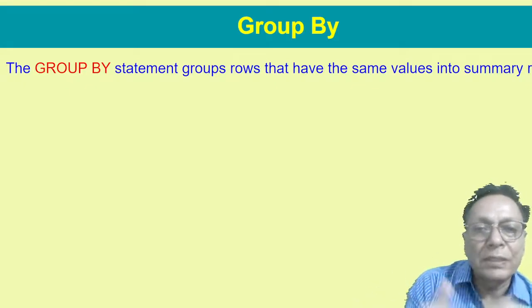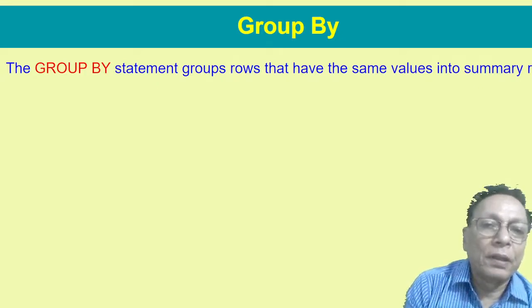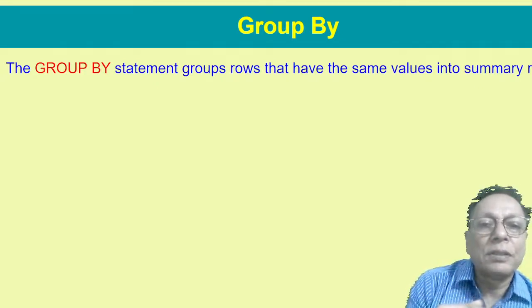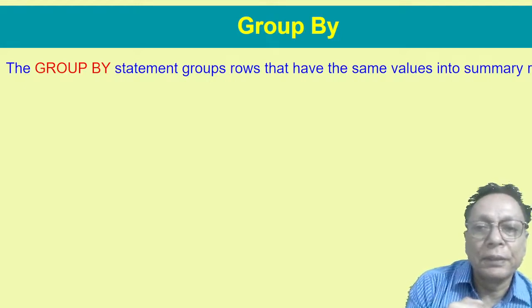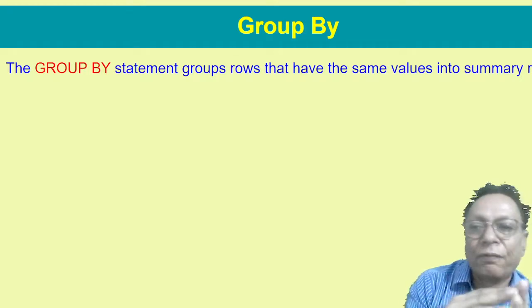So how do I get the class-wise strength from the entire database? Class 1 students should be clubbed together, class 2 students should be clubbed together, and likewise we get to know the strength of our school.